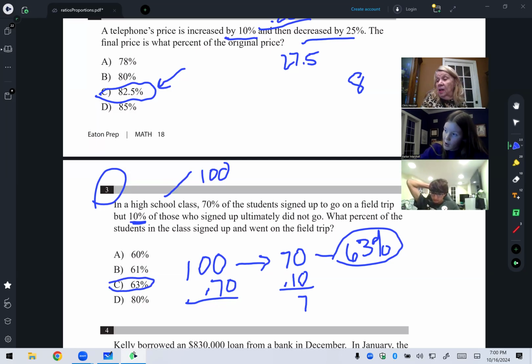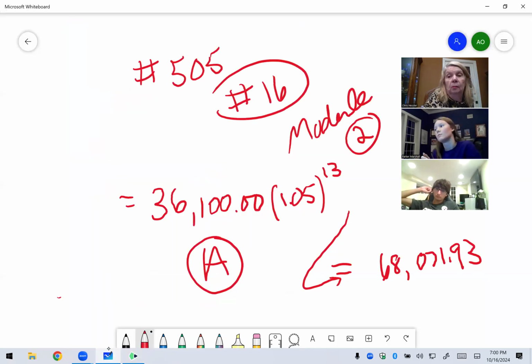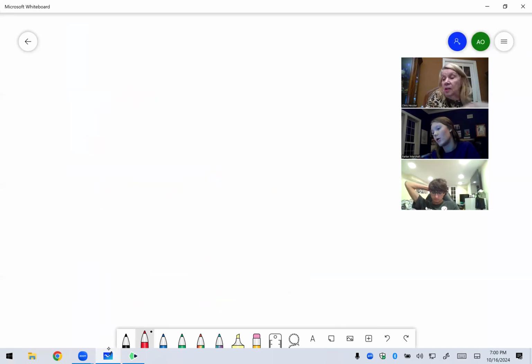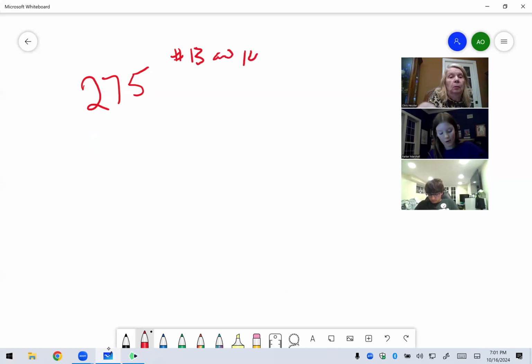So that makes sense. We're just going to do a couple book problems and then go over density and then we're done. These are on their example pages. So I want to go to page 275. We're going to do number 13 and 14, just so you can see how they did it in the book.